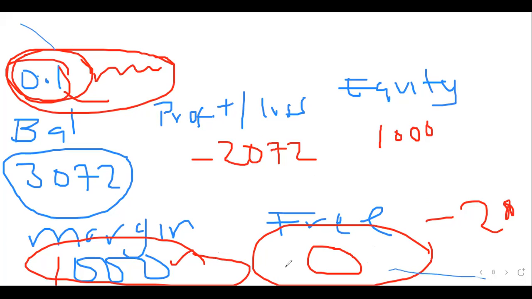As much as you can, always ensure that you have your free margin at least 50% of your balance. So if you have $3,000 in your account, ensure that your free margin at all times is 1,500.